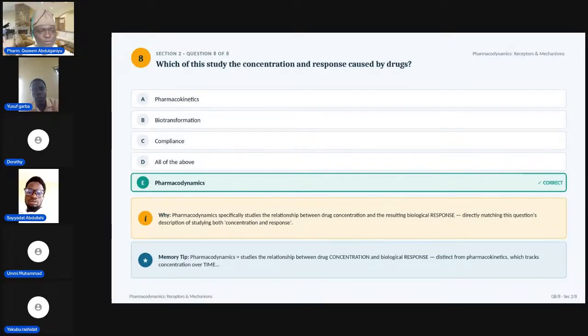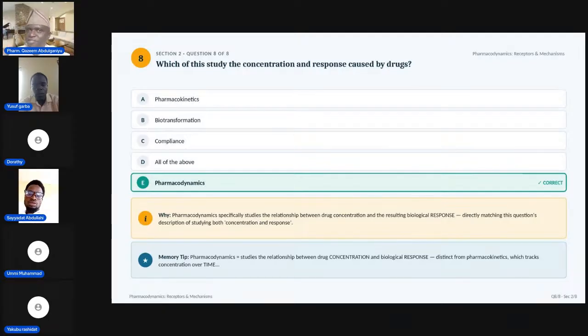I don't know if you're following now. Do you understand what I'm trying to push across? So the memory tip I'm giving you here is that the relationship between drug concentration and biological response is different from which tracks the concentration over time. So if this question changed to which of these tracks the concentration of a drug over time, you remember when we said that at the initial point of administration of the drug, it is 100%.